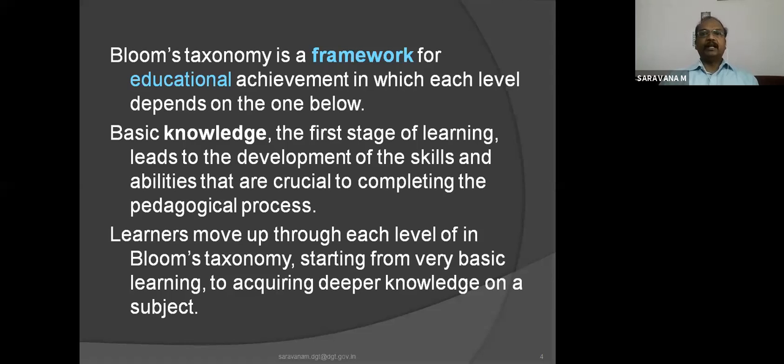We can say levels 4 and 5 are completed trainees, and level 6 is our CITS trainees, successfully completed CITS trainees. These are the levels in the NSQF framework. And like that, Bloom's taxonomy is also considered a framework, and it has levels. Let us see all those levels one by one.